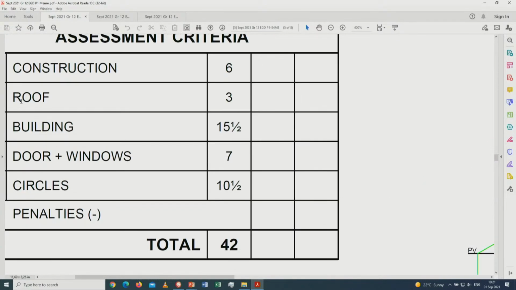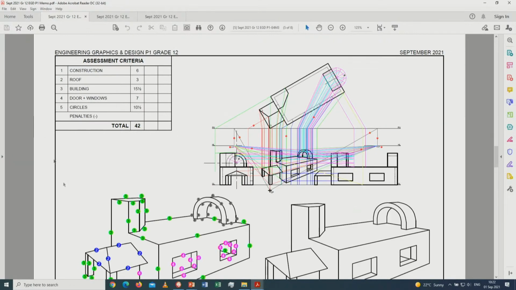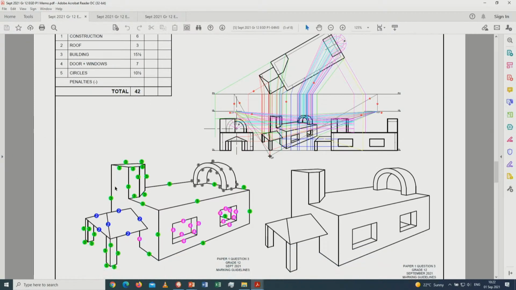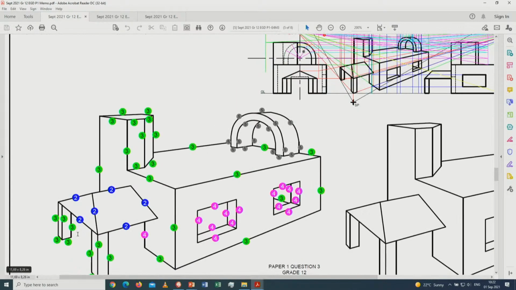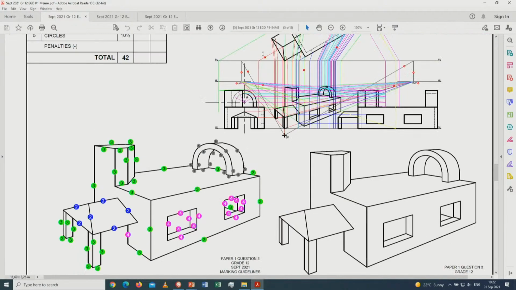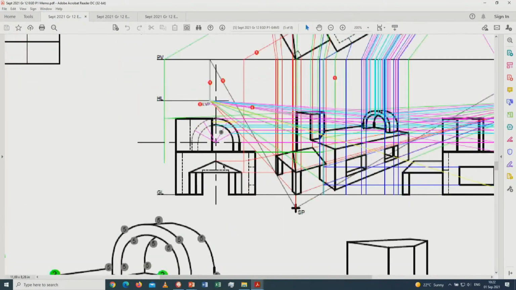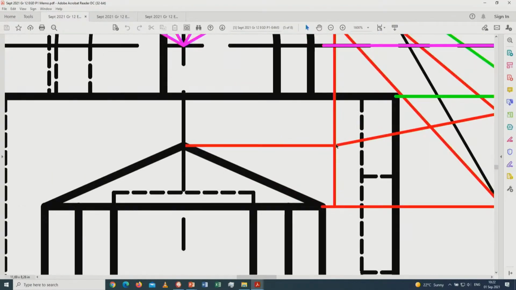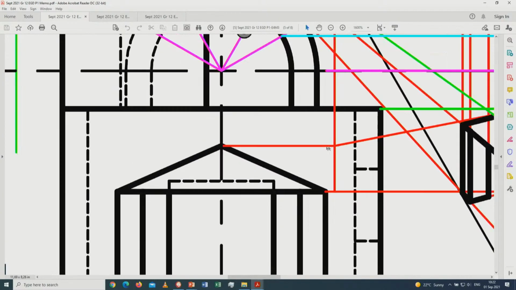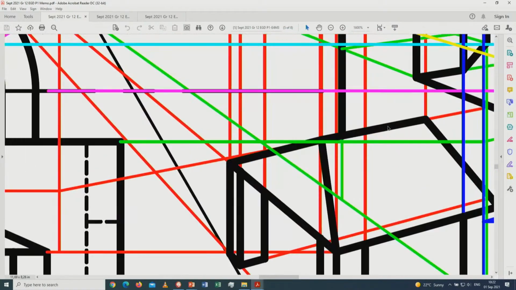For the roof, if we go to the roof, this is basically these blue lines over here. The blue lines come from, like I said to you, this point over here. Now, if this is not extended and taken downwards, if it does not go to the height of the roof itself and then from there on to the right vanishing point, then of course the roof won't be at the right position.